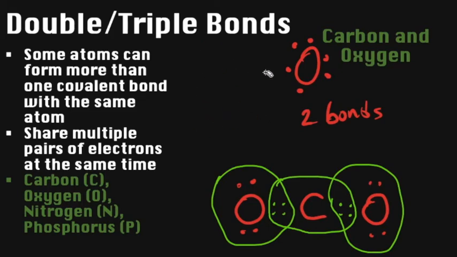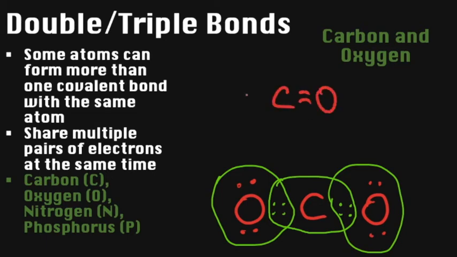If we were to simplify this drawing without all the dots, and we just used lines instead, we would have C double bonded to this oxygen, this carbon double bonded to this oxygen, and then both oxygens would have 2 pairs of electrons to themselves. So this is what carbon dioxide looks like. And notice, everybody's requirements are fulfilled. Oxygen is making 2 bonds, carbon is making 4 bonds.